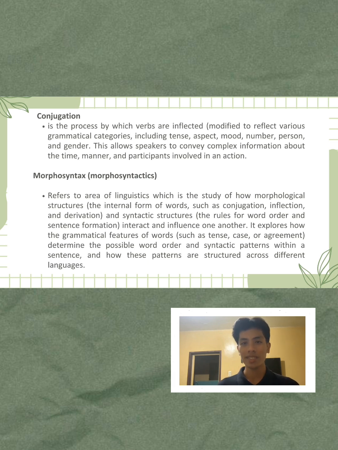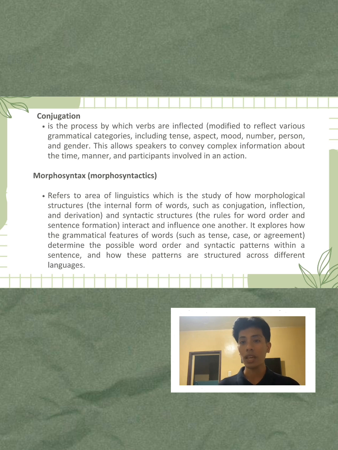This refers to the area of linguistics which studies how morphological structures, or the internal form of words such as conjugation, inflection, and derivation, and syntactic structures, which are the rules for word order and sentence formation, interact and influence one another.